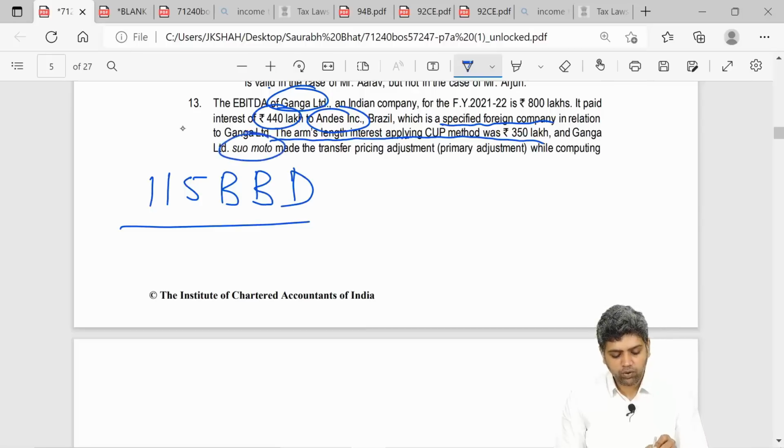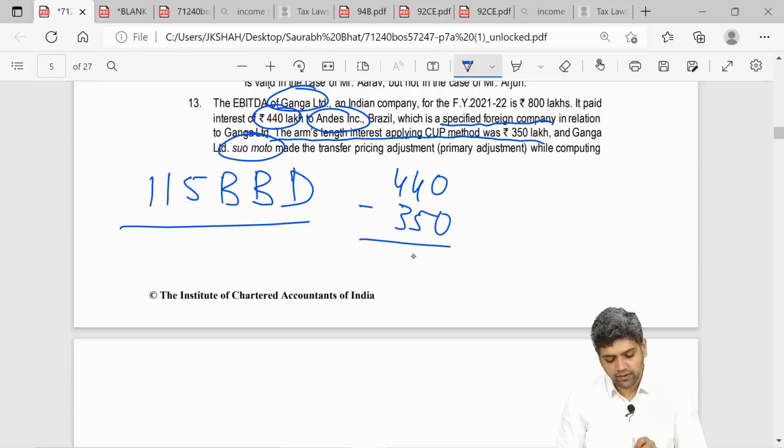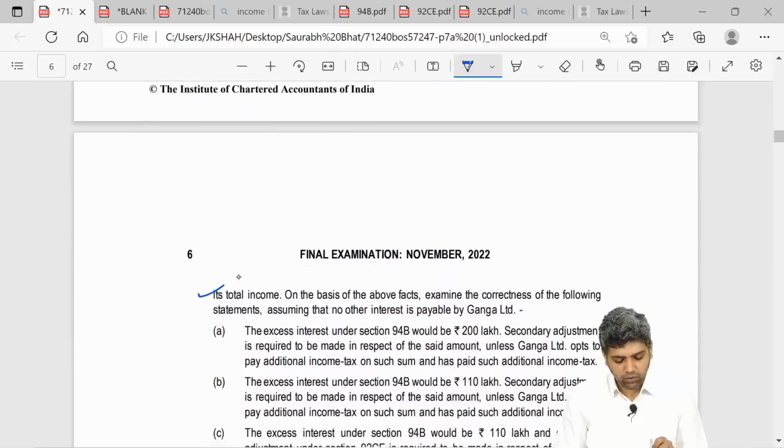Ganga Limited suo moto made a transfer pricing adjustment, that is the primary adjustment. How much would be the primary adjustment? 440 lakhs is the interest that you paid and 350 lakhs is the arm's length price. So 90 lakhs is the primary adjustment while computing its total income. On the basis of the above facts, examine the correctness of the following statements, assuming that no other interest is payable by Ganga.